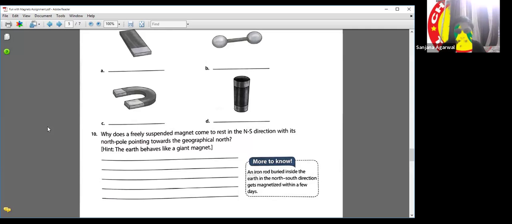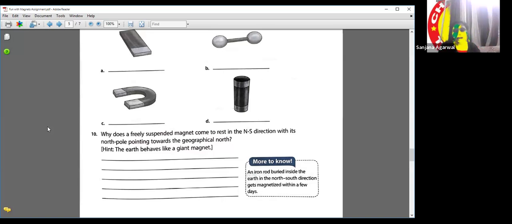Now Earth has two north poles. One is the geographical north pole, the other is the magnetic north pole. The geographic north pole has the magnetic south pole with it, and the geographic south has the magnetic north with it. You can assume this at the bigger level.